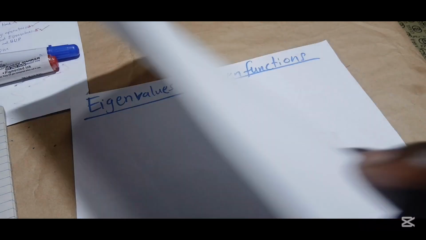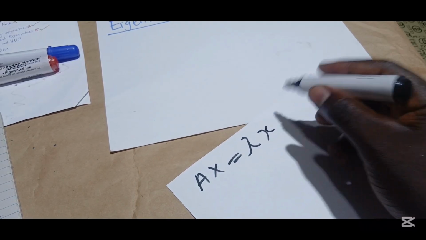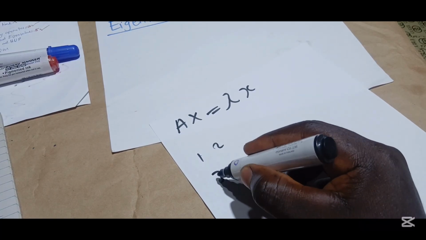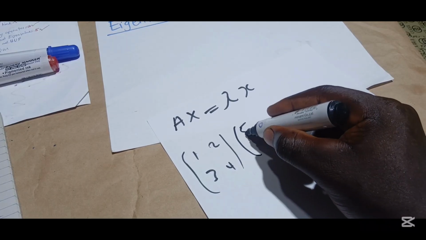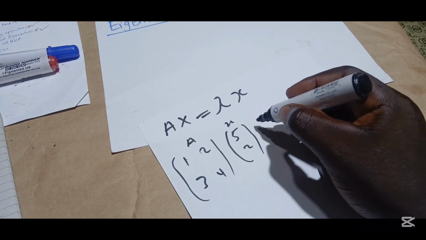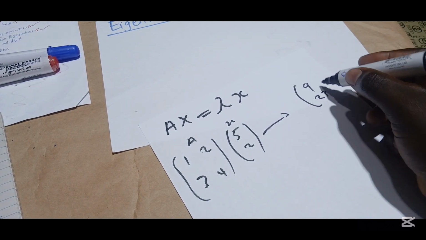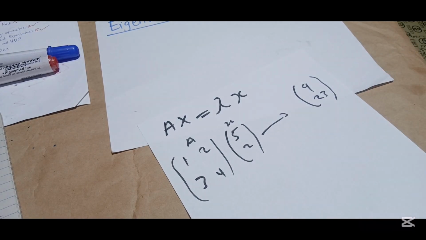In matrices, sometimes multiplying a 2 by 2 matrix A by a vector x, let's say 5, 2, we get a vector 9, 23, and we know that a vector is something that has a magnitude and a direction.